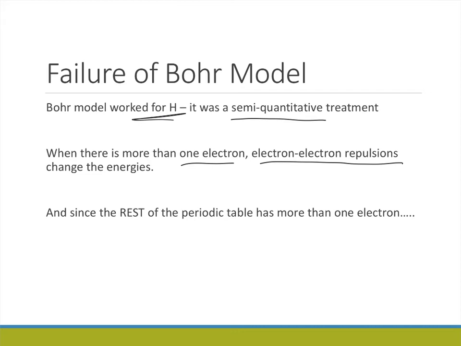And since the rest of the periodic table has more than one electron, you can see that there's a problem. Okay? Now, Bohr spent quite a bit of time trying to adjust his theory, changing the shapes of orbitals and all sorts of stuff, but he was never able to work it out because it's not like a static orbit of the electron around the nucleus. It's something way, way more complex and way weirder.